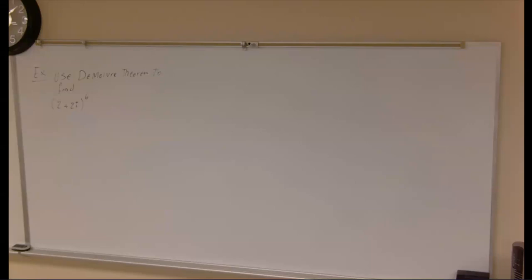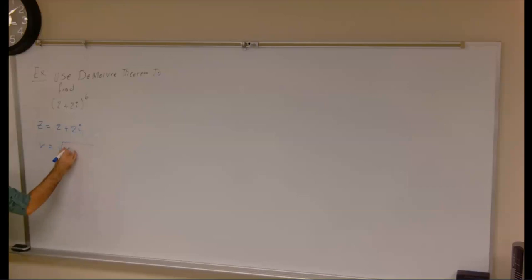So before you start working on 2 plus 2i to the power 6, you say, okay, I need to convert my complex number z equal 2 plus 2i. This is the complex number. I need to convert to the trig form, so I need to find r and theta. How are we going to find the r?